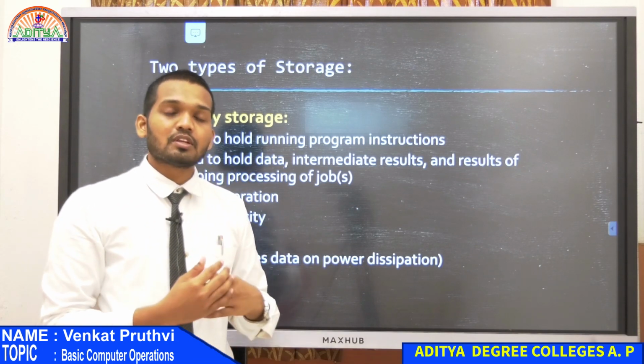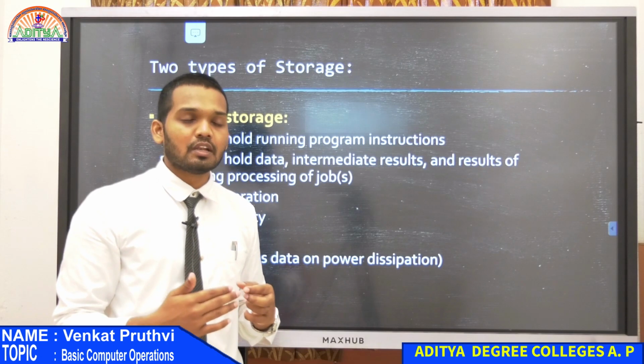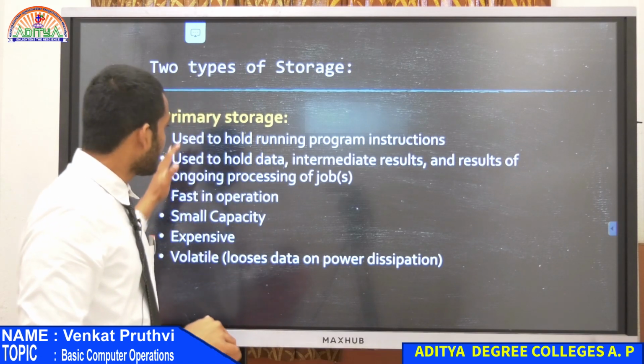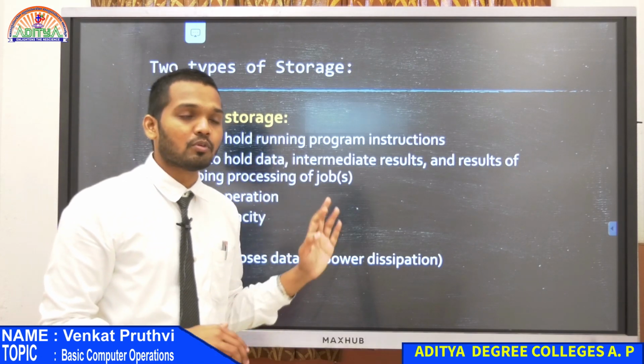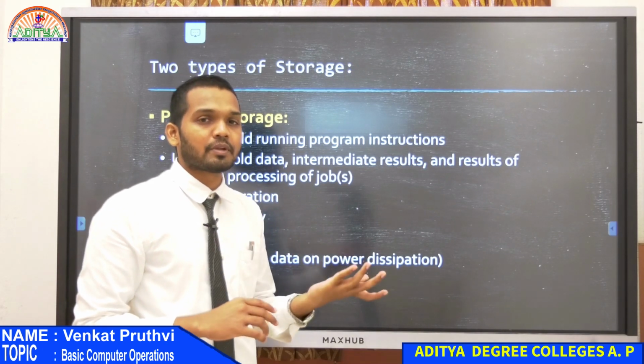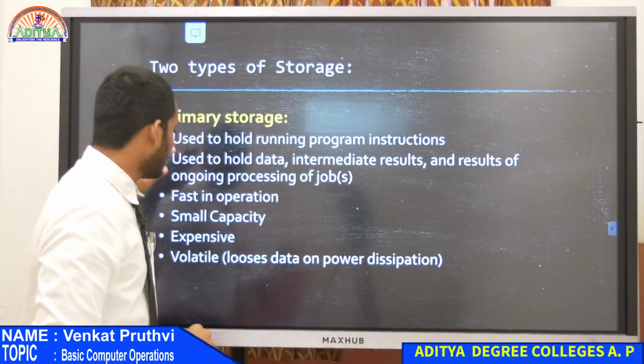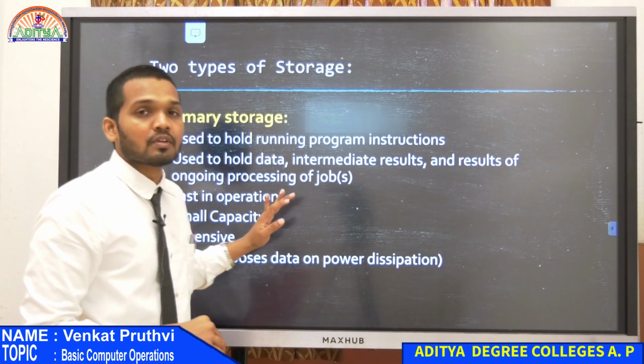So whenever your storage unit is compact and sufficient, that will be enough for the operations of a CPU. Whatever storage is required for a CPU to perform its operations, only that much is considered for the primary storage.